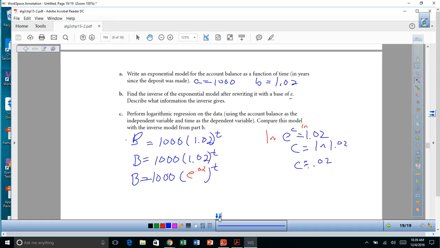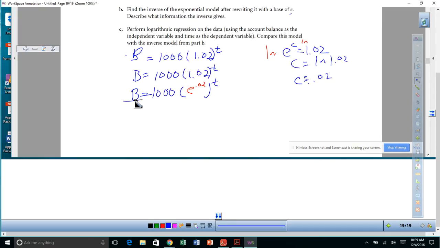Now let's divide both sides by 1,000. So b over 1,000 equals e to the 0.02 t. And to get rid of that e, we're going to multiply both sides by the natural log.